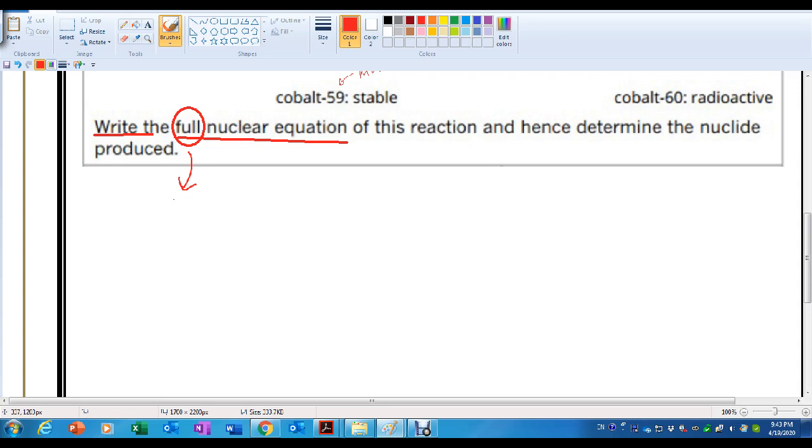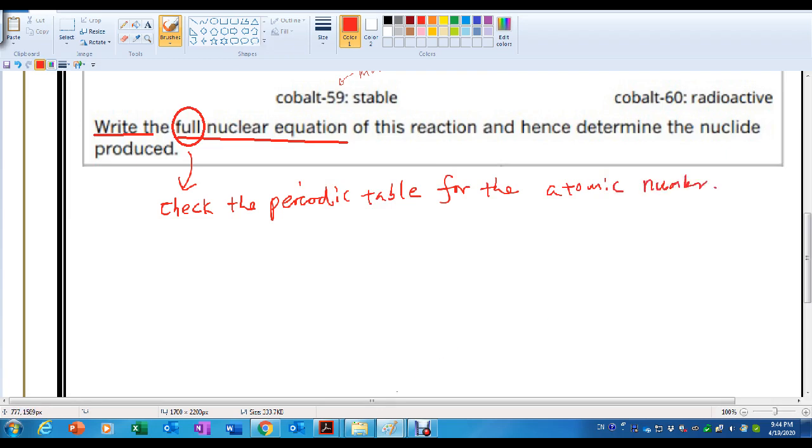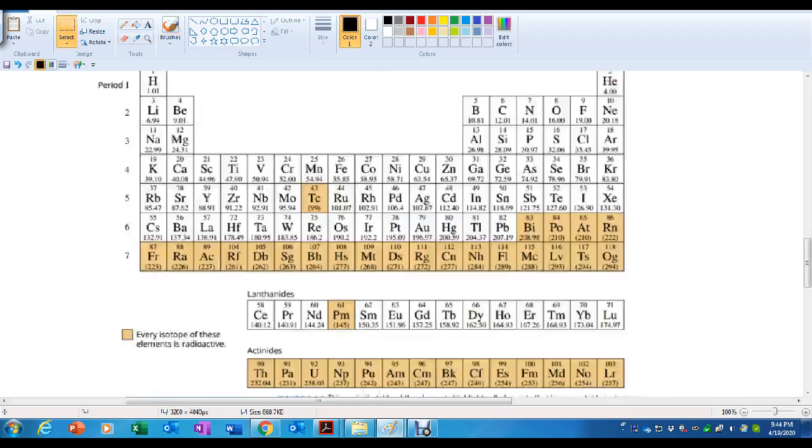For the full nuclear reaction, you need the atomic number and mass number. So you need to check the periodic table for the atomic number. Let's have a look at the periodic table.